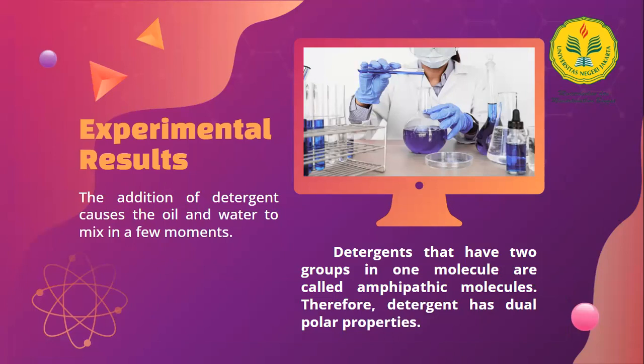Experimental result. The addition of detergent caused the oil and water to mix in a few moments, about 5 to 10 minutes. But why did this happen? Detergent that has two groups in one molecule is called an amphipathic molecule. Therefore, detergent has dual polar properties.